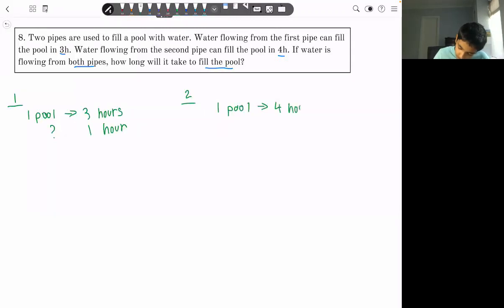So in 1 hour, how much? Try to use that same approach, and at the end you get the rates for each of them in 1 hour, and then you can just add them together. And then you can do something for the combined 1 and 2.